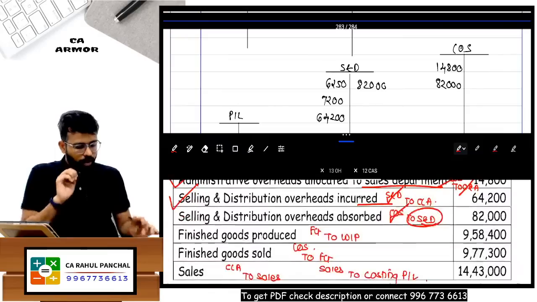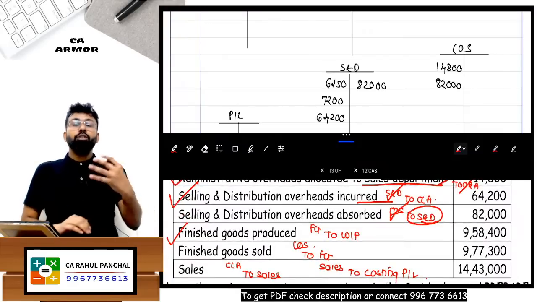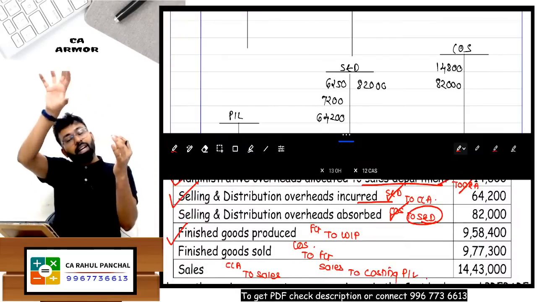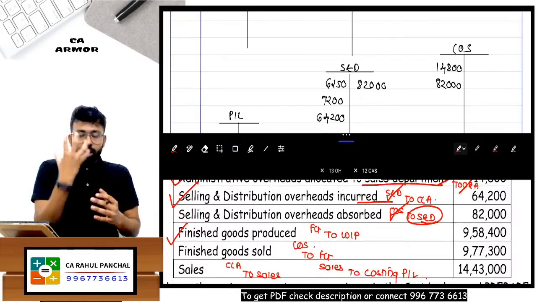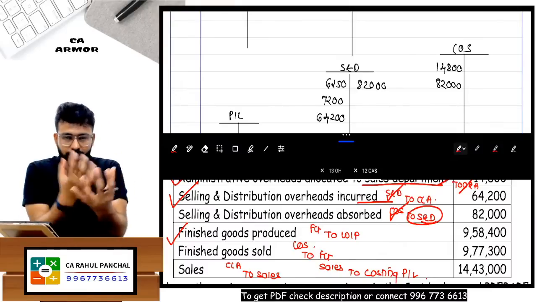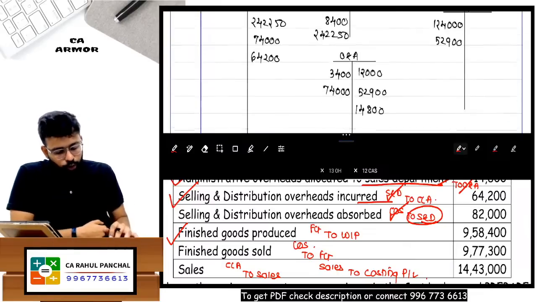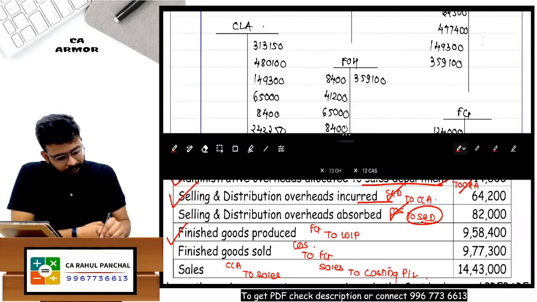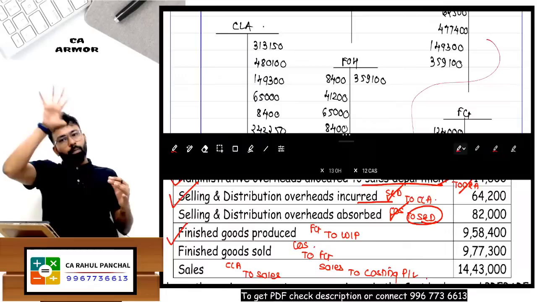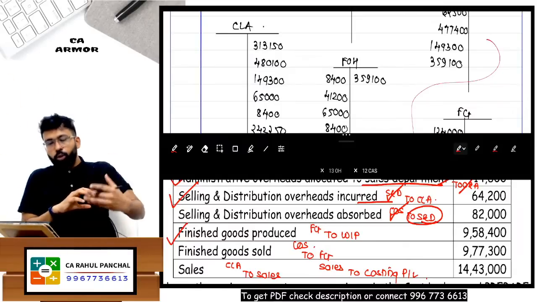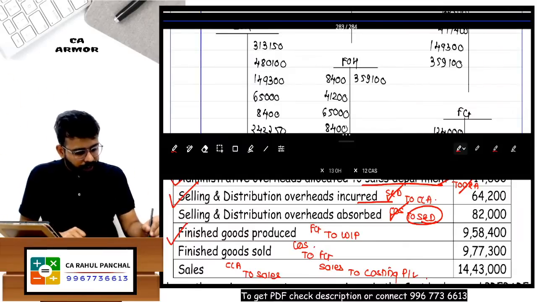Okay, now finished goods produced. When you say goods are produced, it means they will be transferred from WIP to finished goods. WIP is a place where you produce the goods, and finished goods is like a warehouse where you keep them. So when production is there, goods are moving from WIP to finished goods, and you just need to pass the transfer entry.